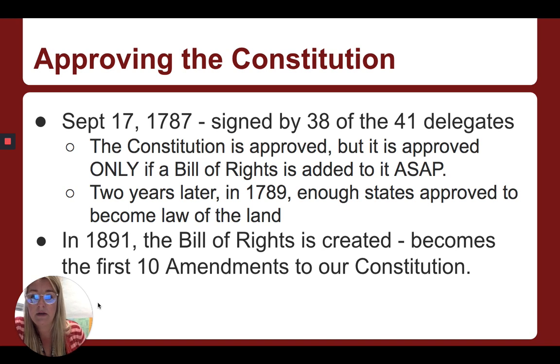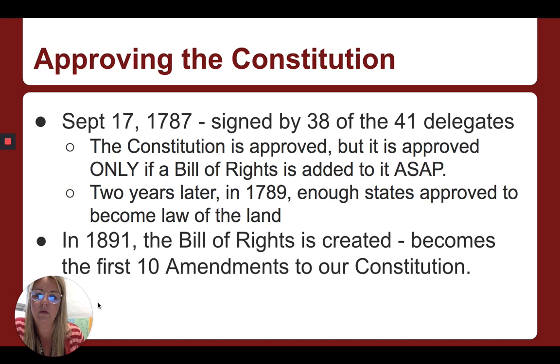But it really goes in with that premise that we are going to add those Bill of Rights. So James Madison gets started right away writing those Bill of Rights, and like I said, we'll get to that tomorrow. By 1791, you have those Bill of Rights created. They become part of that Constitution that we have today. It takes a couple years for all those states to ratify it, and it is a big push.